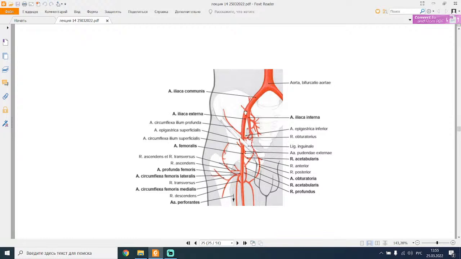Branches of arteria iliaca externa: arteria circumflexa ilium profunda. This is a border. This is arteria iliaca externa. Above the iliaca externa begins arteria femoralis.